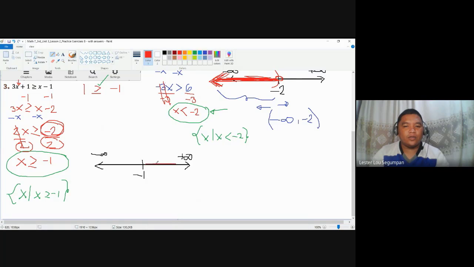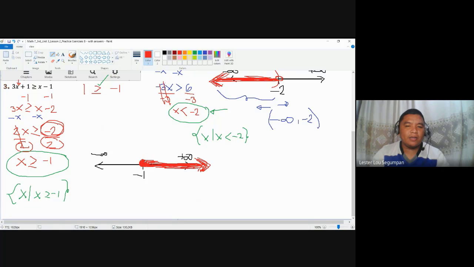It goes to the right based on this form, linear inequality form. So it should be properly shaded, but as of my shading, I cannot shade this properly, but it should be properly shaded and should have an arrowhead. All right. And then negative 1, since we have the equal symbol here, is included.